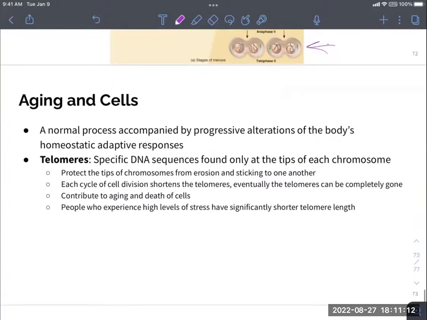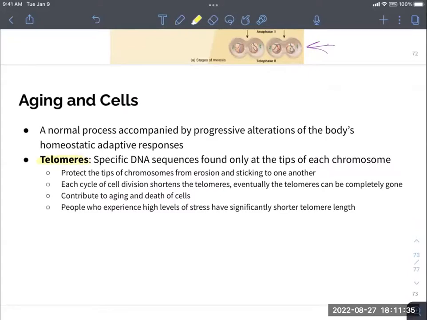As we get older, it's a normal process that happens with our body, but our cells find it harder to respond and adapt to homeostasis changes. We don't respond as well. On the ends of our DNA, we actually have what are called telomeres.